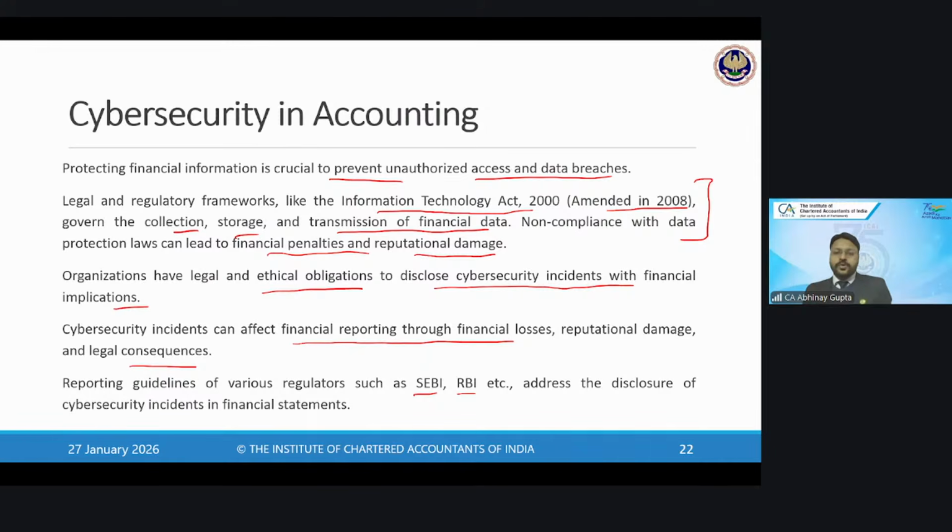If they don't report, then there could be financial penalties by SEBI onto those companies which fail to report these incidents on a timely basis. Similarly, there are similar laws by RBI as well for banks and NBFCs.